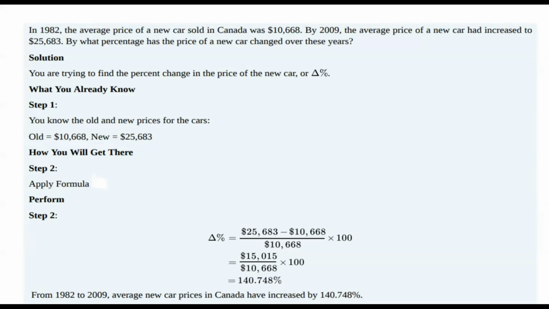And you want to know by what percentage the price of a new car has changed over these years. A long time, right? How has it changed? So you want to get your data: the old value is that, the new one is that.